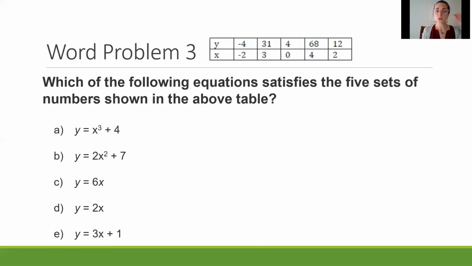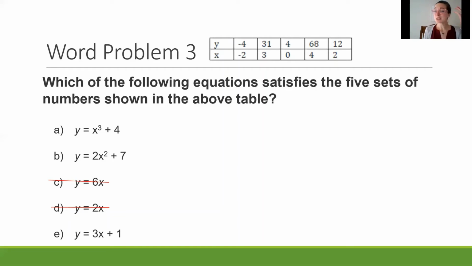Well, let's see, I could do 2 times -2, and that should get me -4, which it does. Okay, so it works for that one. So let's keep going. 2 times 3, that second set there, and I should get 31. Well, no, 2 times 3 is only 6. So right away, C and D, the simplest ones, they're not going to work.